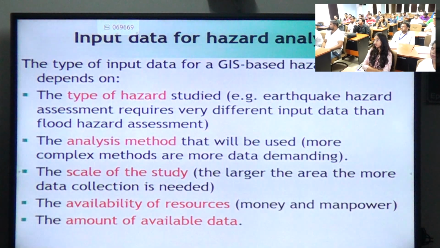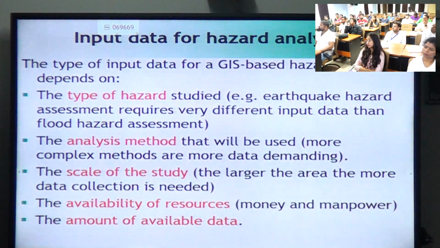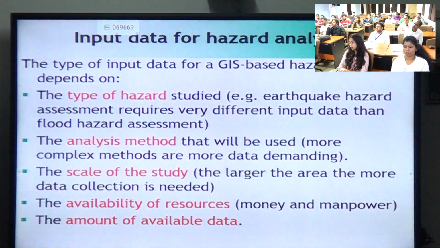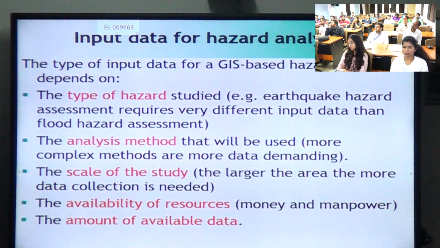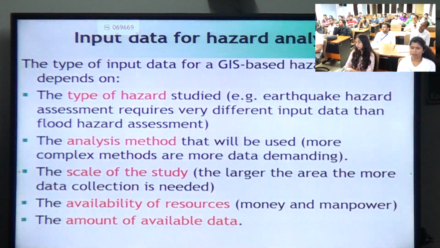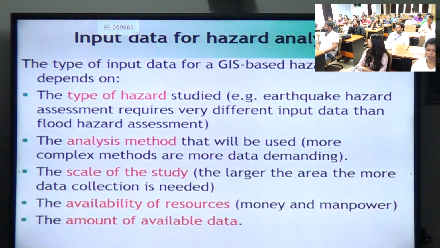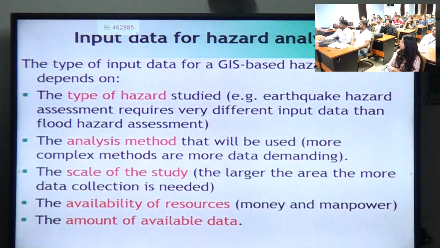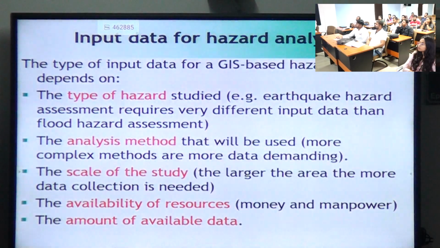These days they use complex ensemble models and hybrid models. The scale of the study is also very critical. How big is the area that you are going to study? The availability of resources, the amount of available data.